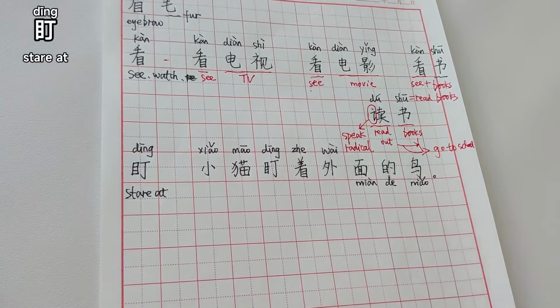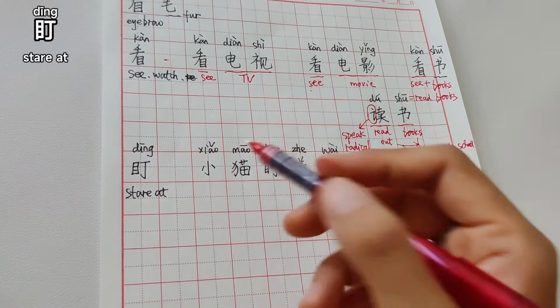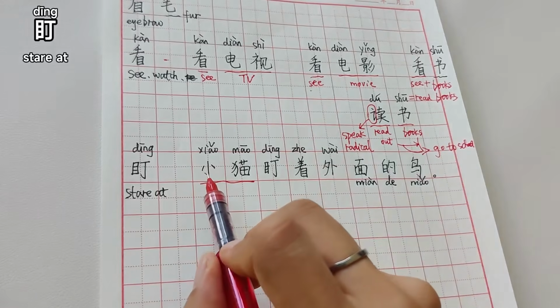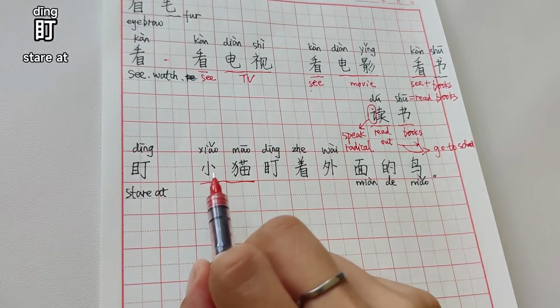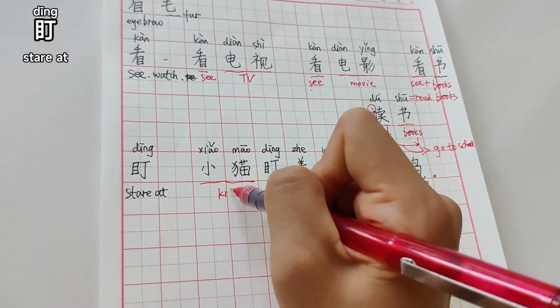Okay? Okay, let's see. 小猫 small cat. Small cat means kitten.